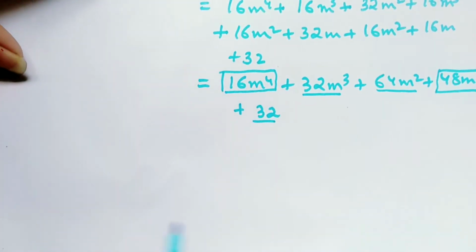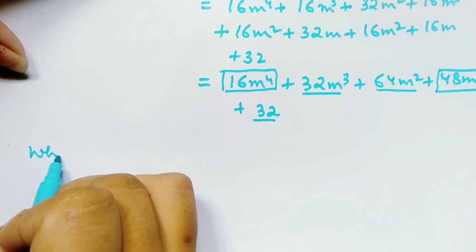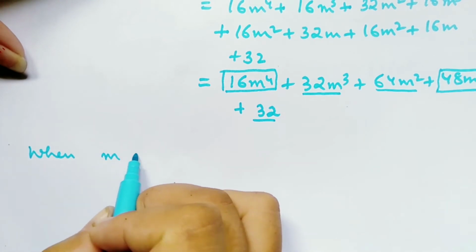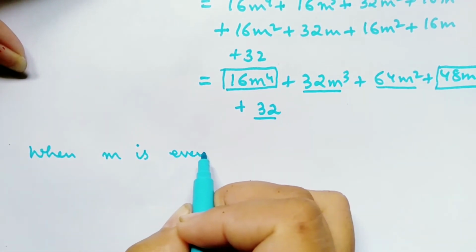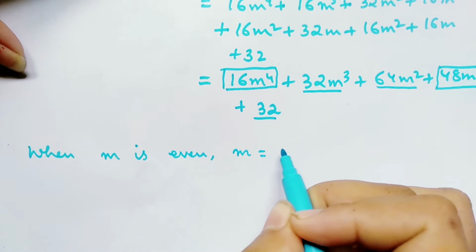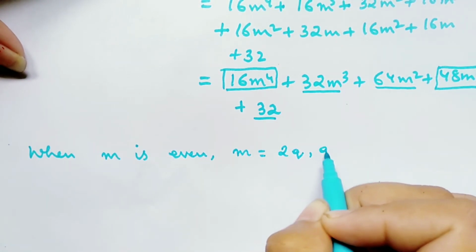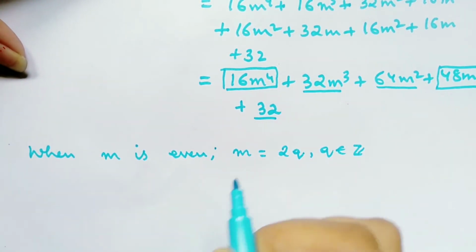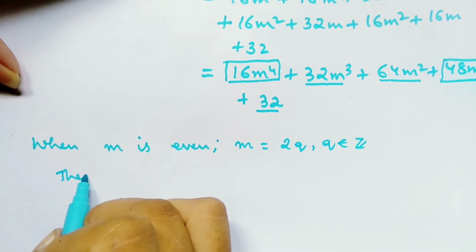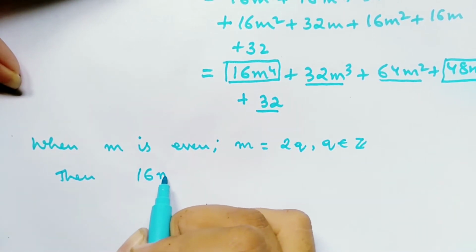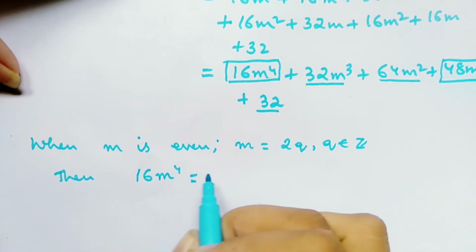Let's do that. First, when m is even. When m is even, we can write m as 2q, where q is an integer. Then we check that 16m⁴ is divisible by 32.